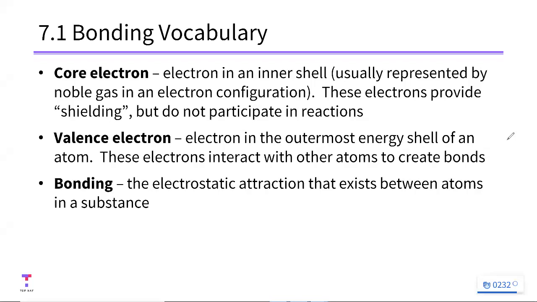Now, chemical bonding, or just plain old bonding, is the result of what is called an electrostatic attraction. Here we're looking at the attraction that naturally exists between positive and negative charges between atoms.